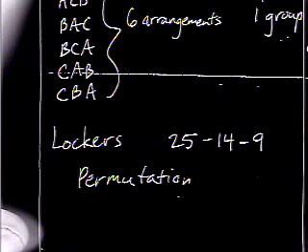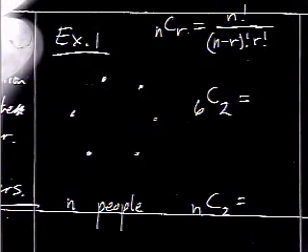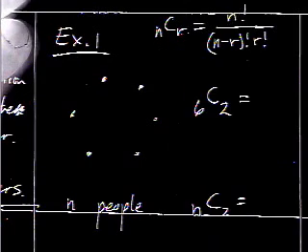Now, let's take a look at what the definition of combinations would be. You've seen a formula similar for permutations. Well, instead of nPr, it's nCr.